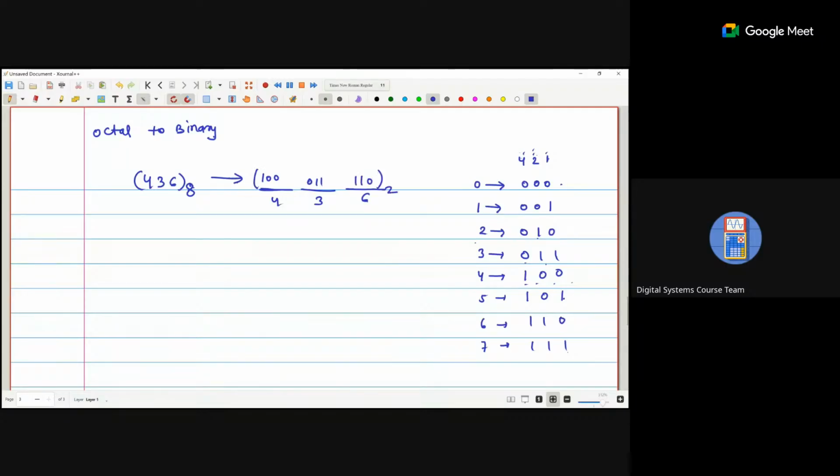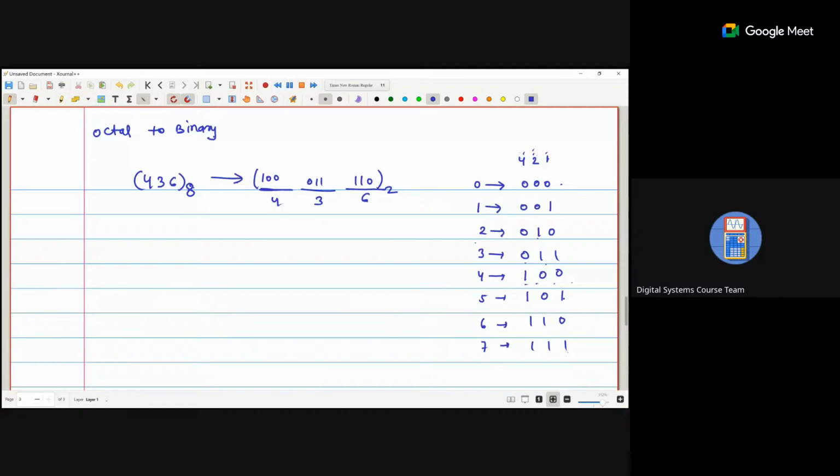So this is octal to binary. Any doubt? No, sir. Okay.